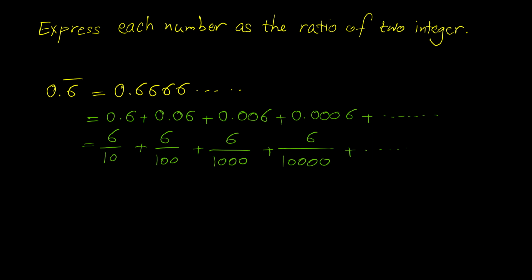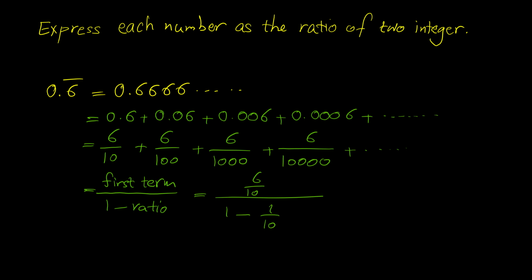And we know that the sum of a geometric series, if you remember the formula that I told you to memorize, the formula is this. First term over 1 minus ratio. What is the first term here? The first term is 6 over 10, all over 1 minus ratio. Ratio is 1 over 10. Let's simplify this.